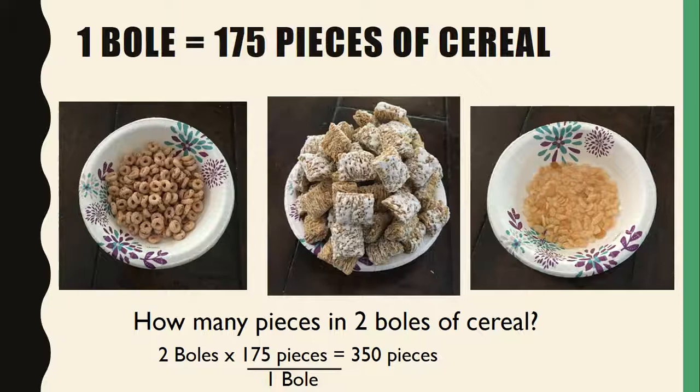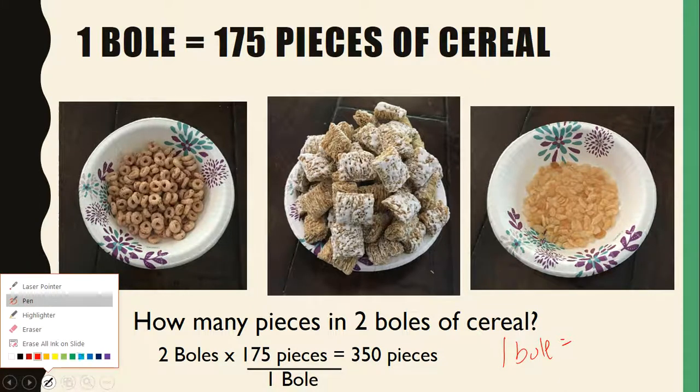And it turns out that, sorry about that, kids. There were two bowls. If we had two bowls, you could figure out, because you know that one bowl has 175 pieces in it, right?